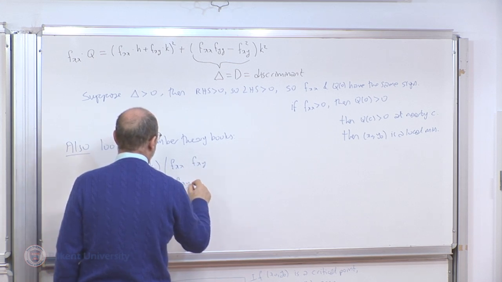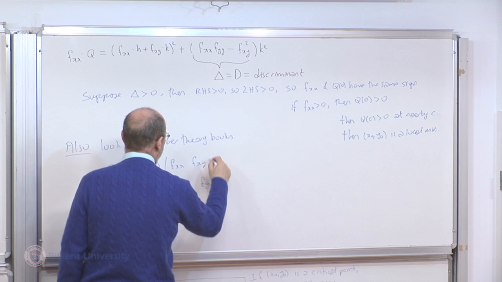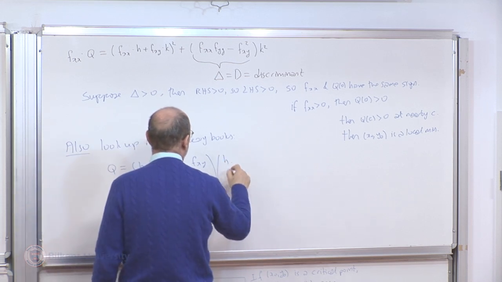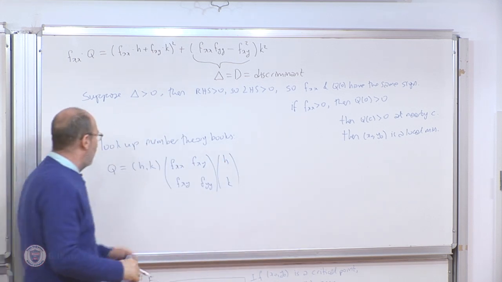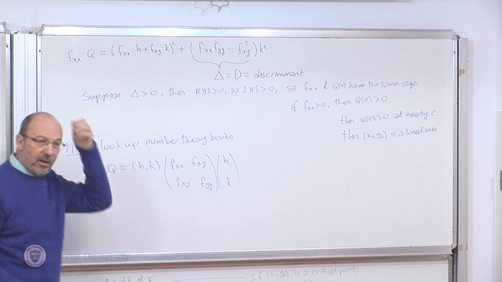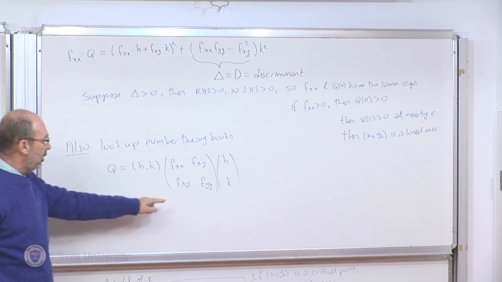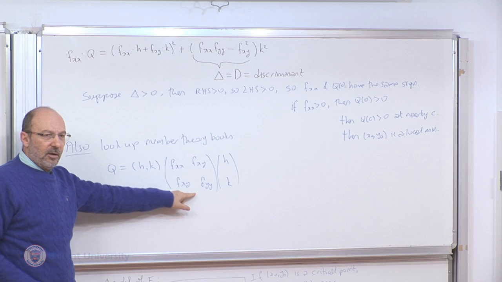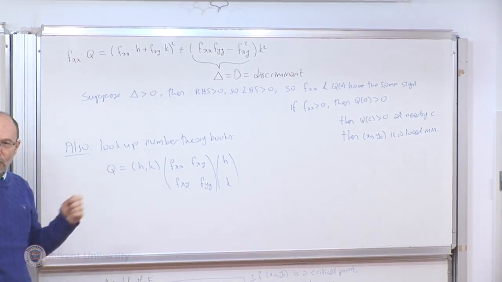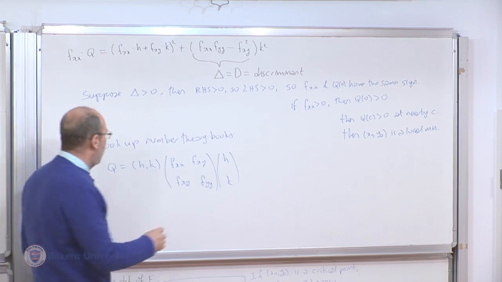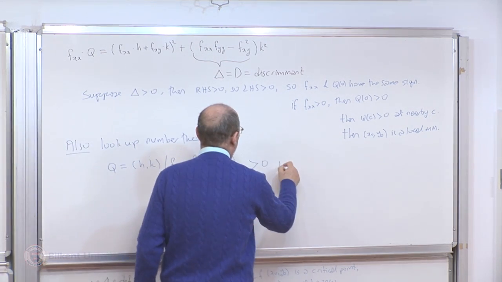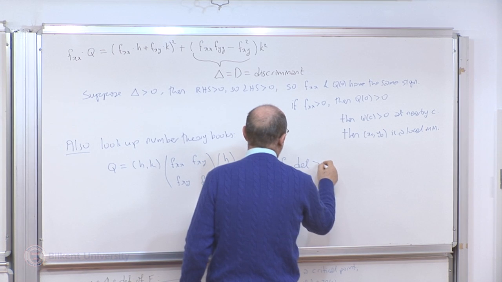Here I again write f_xy, f_yy. And here I have h, k. With matrix notation, if you multiply these, you get a number. Then the condition is on the invariance of this matrix B, so that this is always going to be positive. So this is always positive if the determinant is positive.